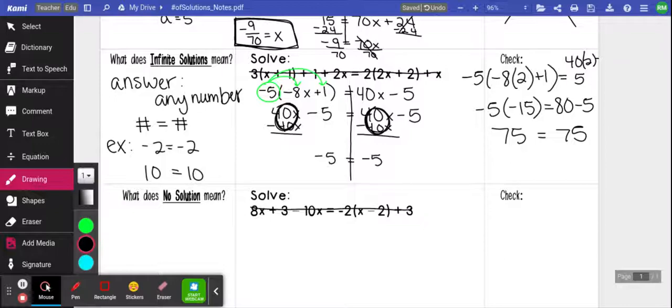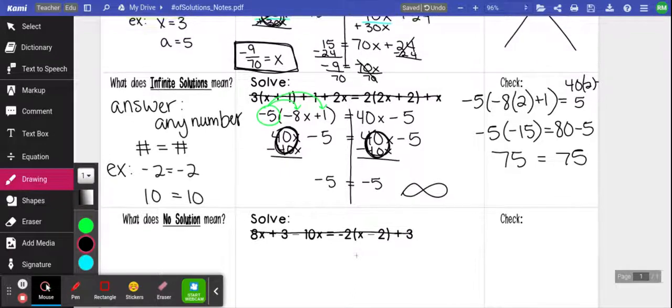So if it's a number equals the same number, that's infinite solutions. That means any number will work. Sometimes you'll see the answer written as an infinity sign, or it might say all real numbers. Both of those will work.